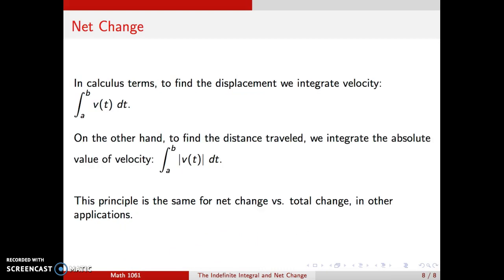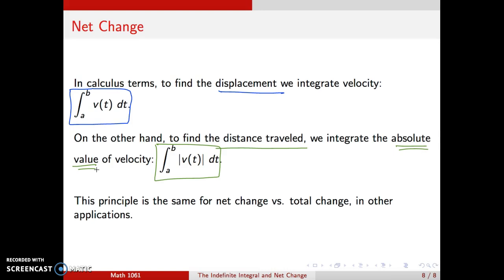In calculus terms, for displacement we compute the definite integral of velocity, the net change in position, whereas for the total distance traveled, we look at the definite integral of the absolute value of the velocity.